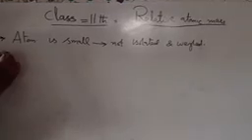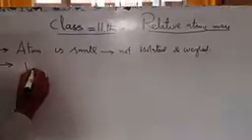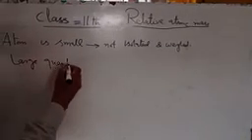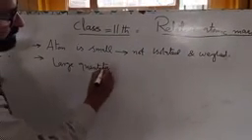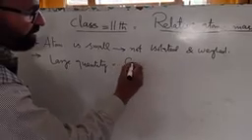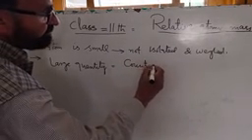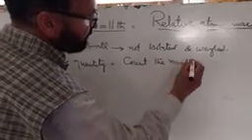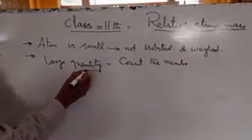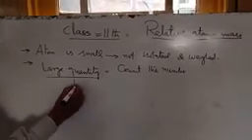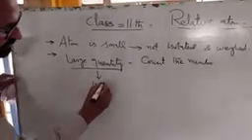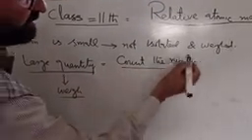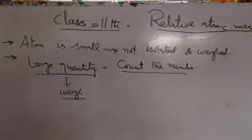Now, second, if we take a large quantity of a substance and weigh it, and then count the number of atoms in it, we can know the mass of a single atom.